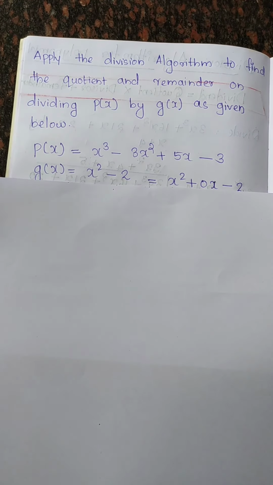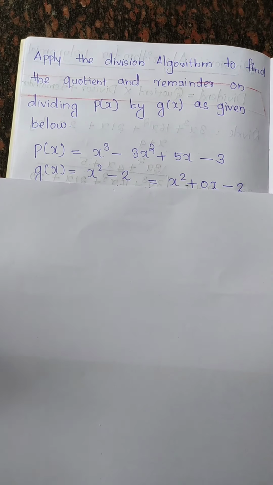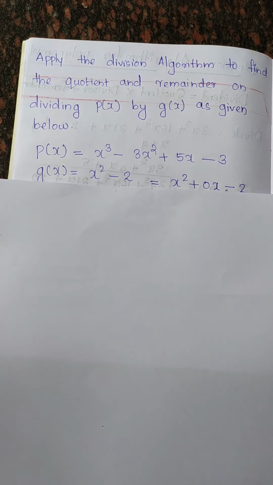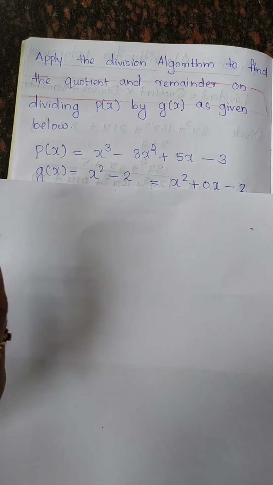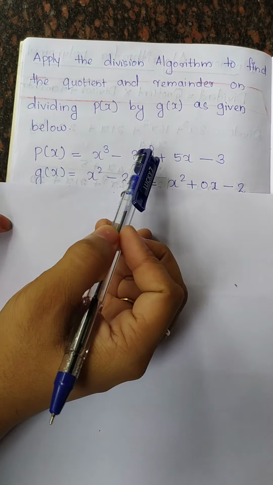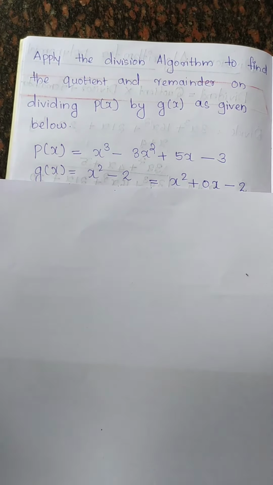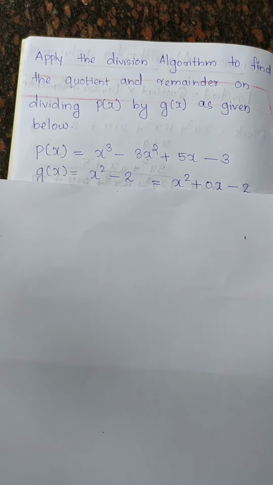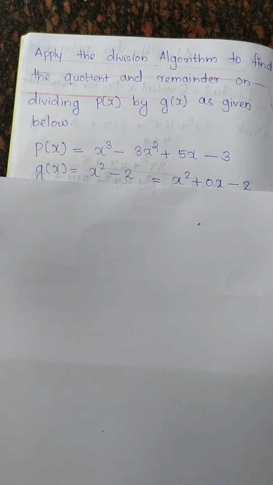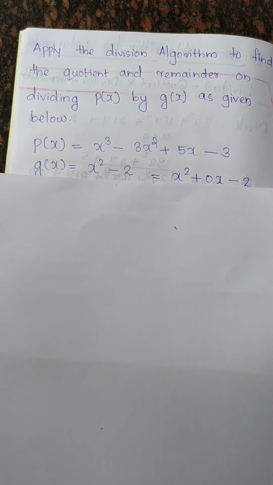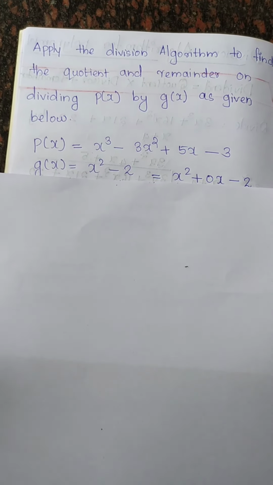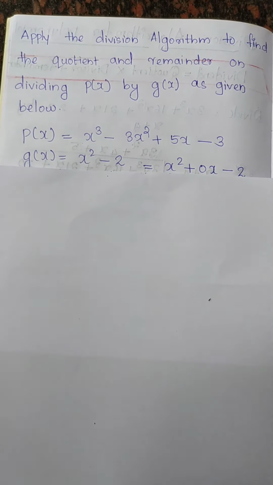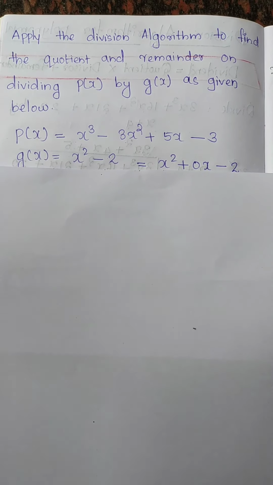Okay. Now, first, what is the working rule for the division algorithm? First, we have to look whether the dividend and divisor are in decreasing order of the degree of the polynomials. Here, first look at the dividend. x cube, next is 3x square, x. So it is in decreasing order. Next, look at x square minus 2. Here there is no x term. So for clarity and ease of calculation, just insert 0x.